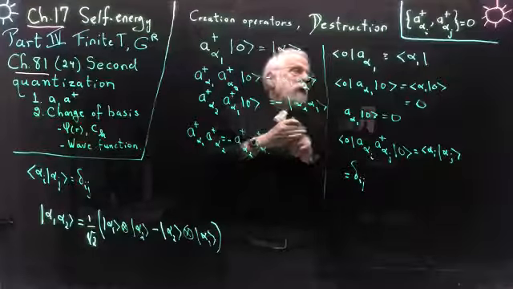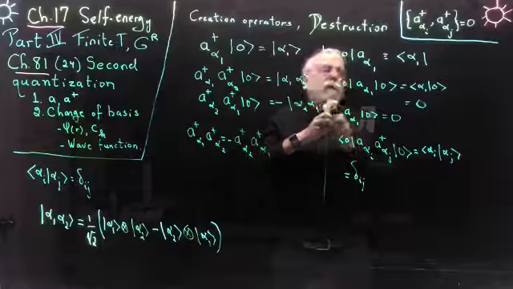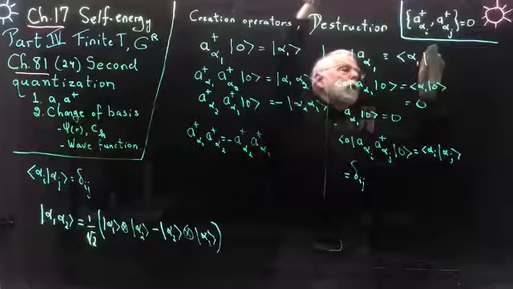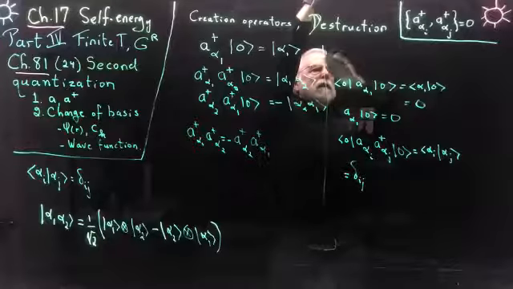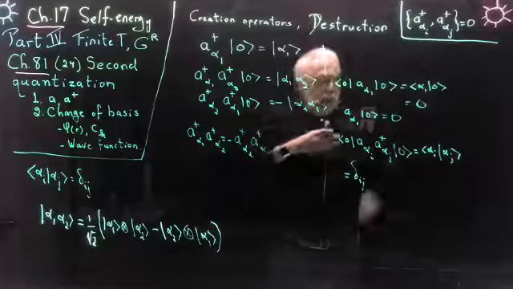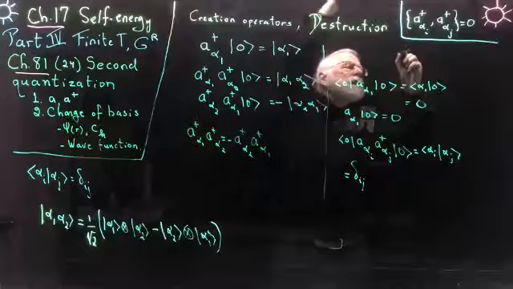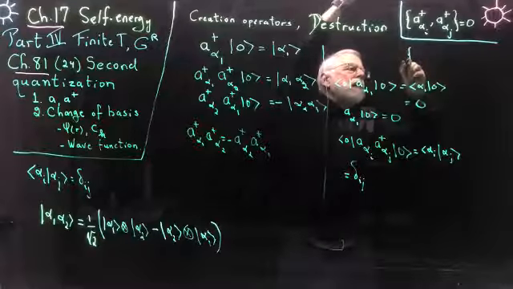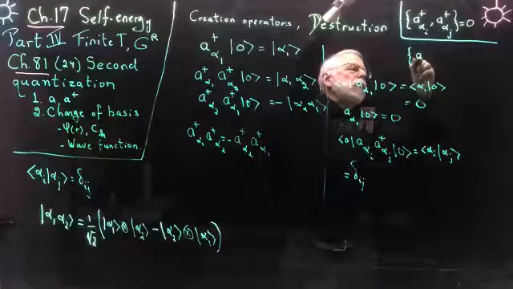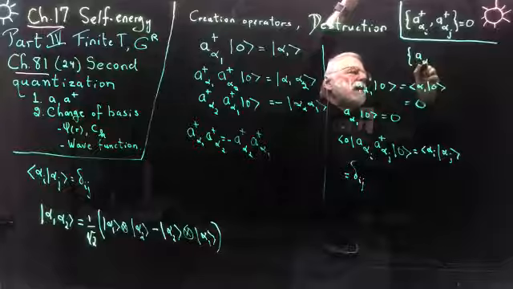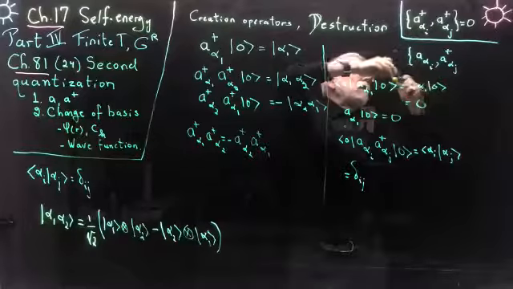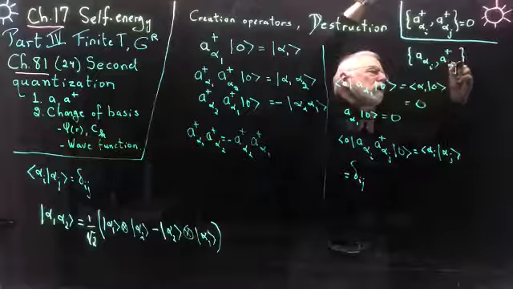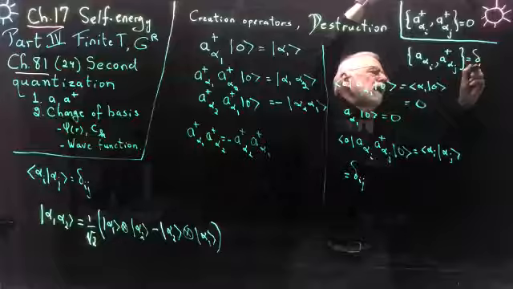So what I do now is define, and I will show you why I do this, that the anti-commutator of A(alpha I) with A dagger(alpha J) is equal to delta IJ.